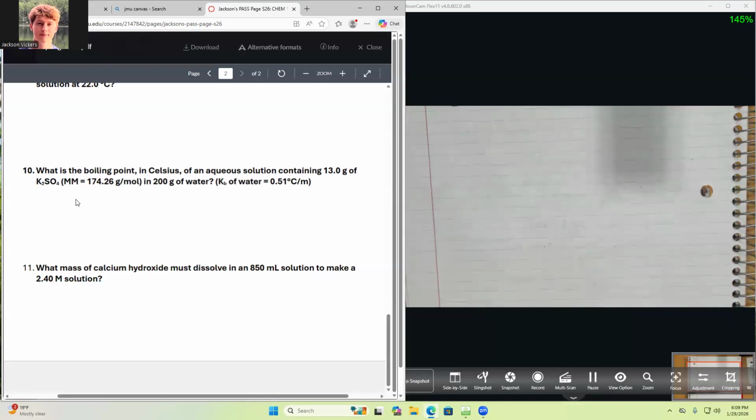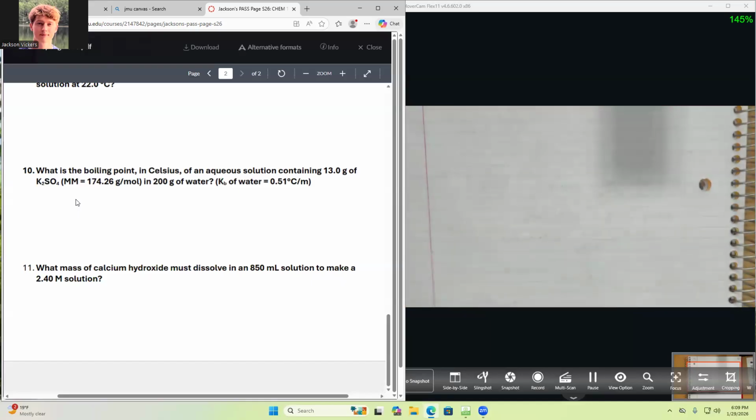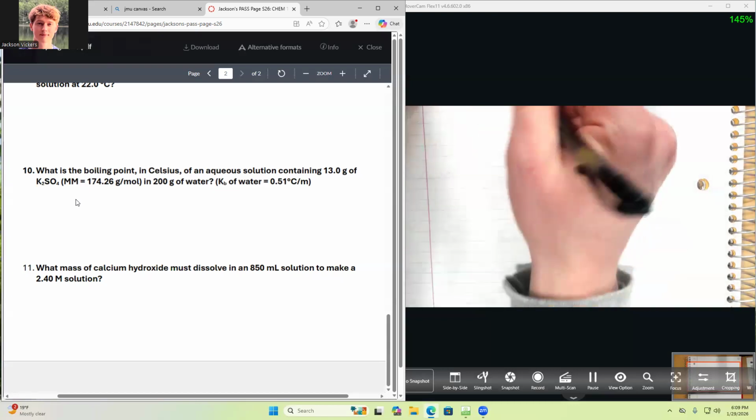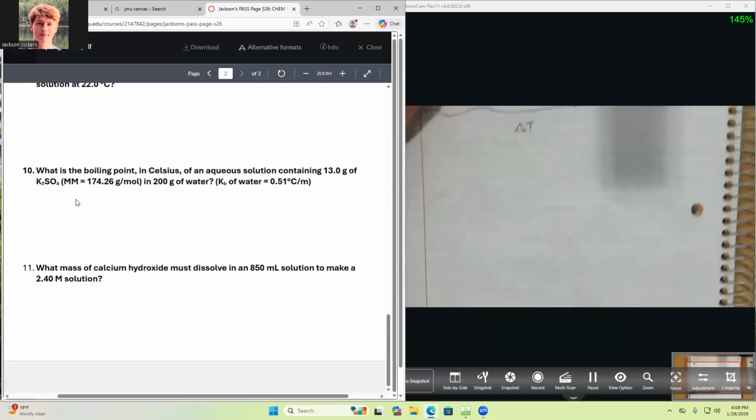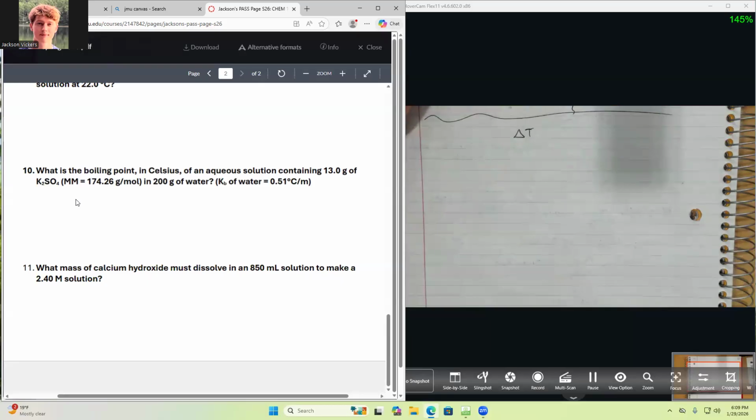All right, cool. I'll start working on it up here with you all. This is a formula I don't think you're given. I would memorize it as if you're not given it. It's possible it's on the exam, but that's going to be the delta T for the boiling point elevation and freezing point depression. So always remember when we add a solute, the boiling point goes up and the freezing point goes down.